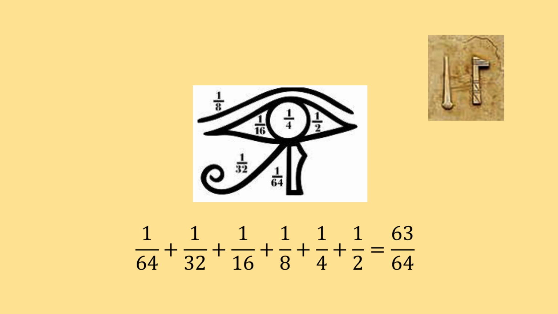If we add these parts of the eye together, we have 1/2 plus 1/4 plus 1/8 plus 1/16 plus 1/32 plus 1/64. The sum of those only gives us 63/64, which is not one whole eye.